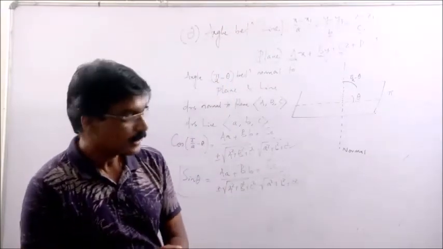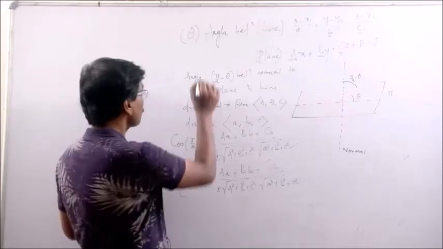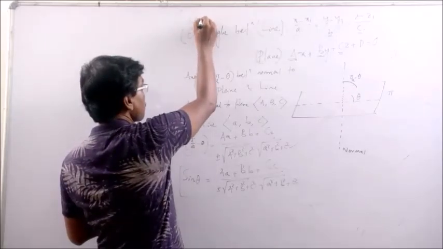We can have it in vector form also. So, this is in Cartesian form.